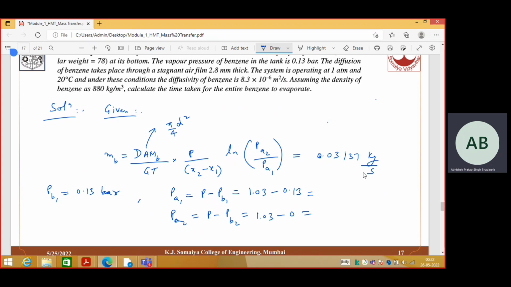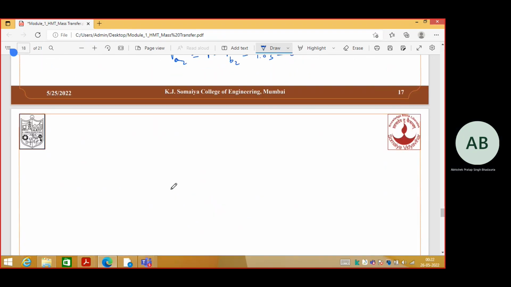Now we'll calculate the mass of benzene. It will be pi by 4 d square, where d is this. Now we'll put this one.